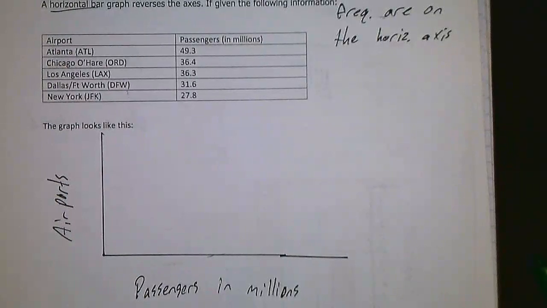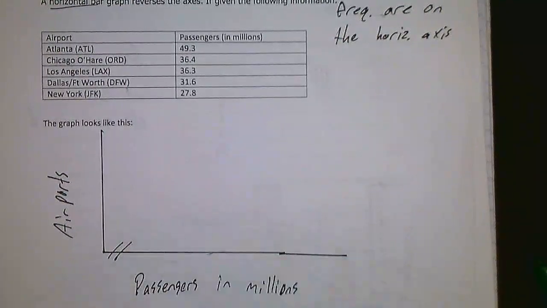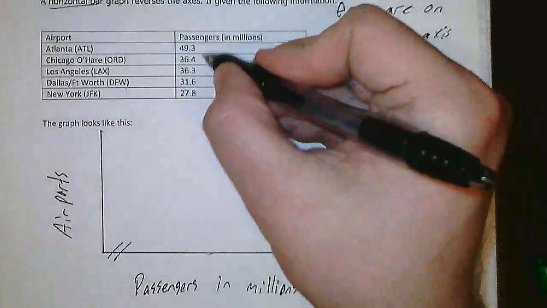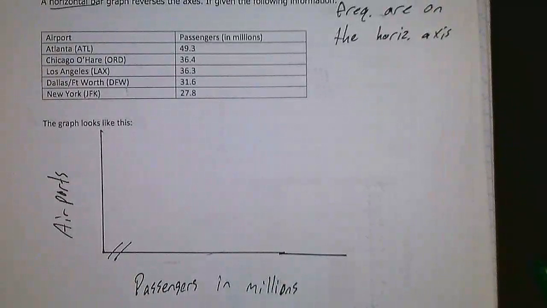So now the double bar, let's see, what did that say about double bars? If you need to start at a number instead of 0, you need to draw 2 slash marks to indicate this. So we're not going to start at 0. So we're going to put 2 slash marks like so. Our smallest number here is 27.8 million.